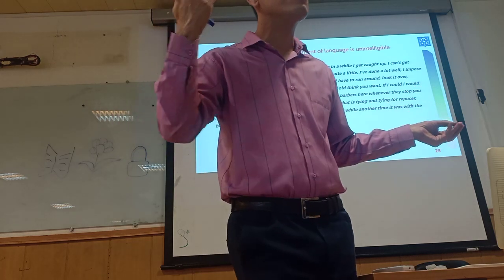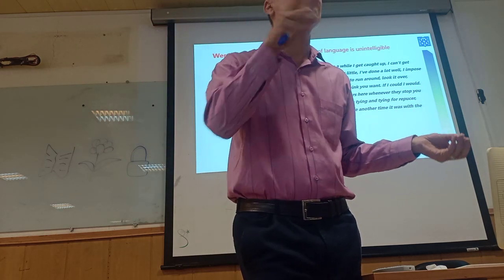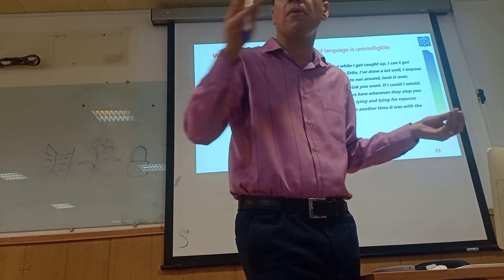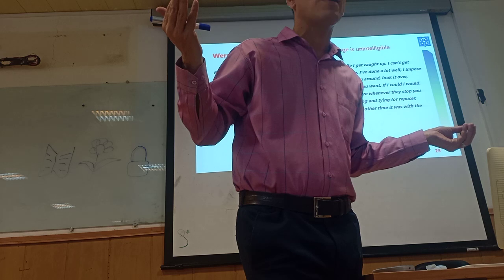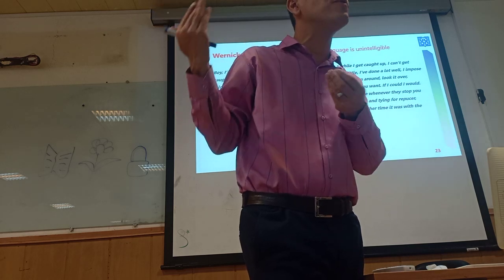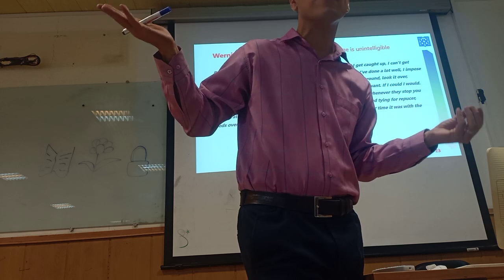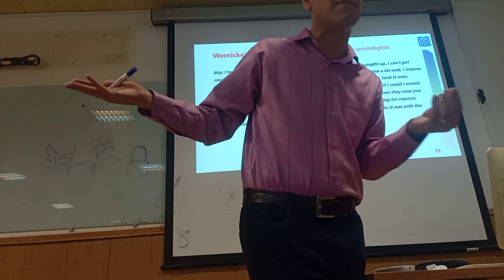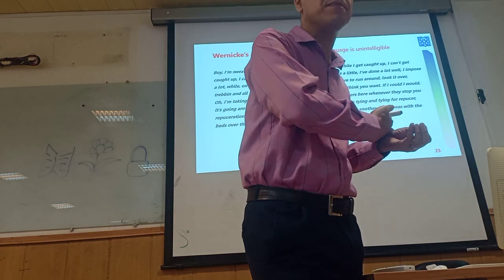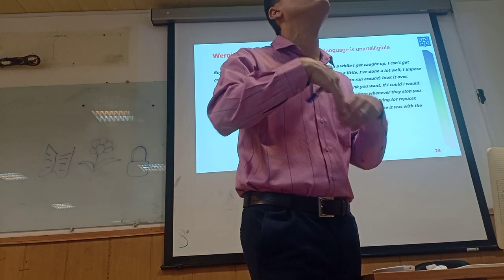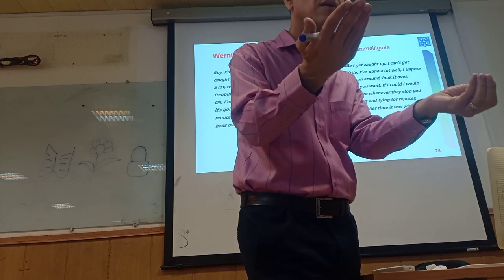So when there is a Wernicke's problem, the patient is not aware of anything. They keep talking, but they don't convey any message to you. And they are not aware of what is happening to them. They are happy actually. Okay? So they're happy, but they don't know they have a problem. But in a patient with Broca's aphasia, they know what they want to tell you, but they cannot.